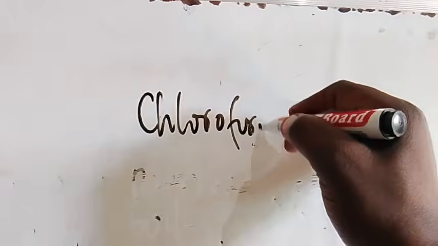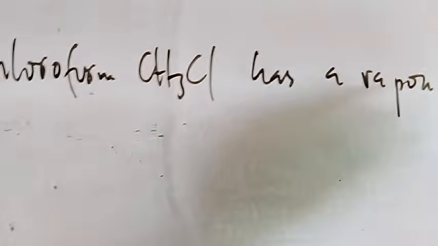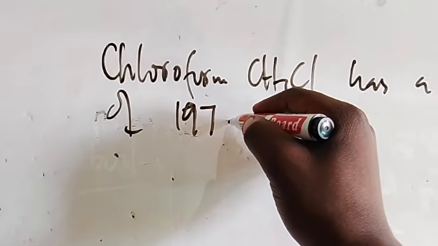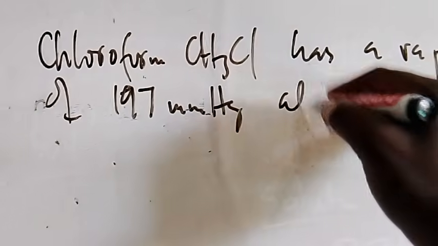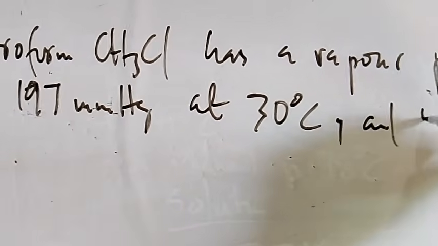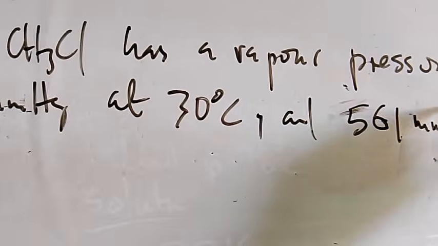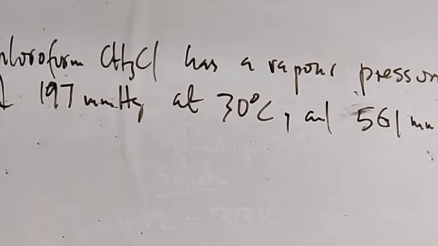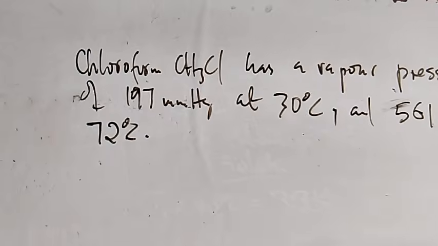Chloroform has a vapor pressure of 197 millimeters of mercury at 30 degrees Celsius, and 561 millimeters of mercury at 72 degrees Celsius.